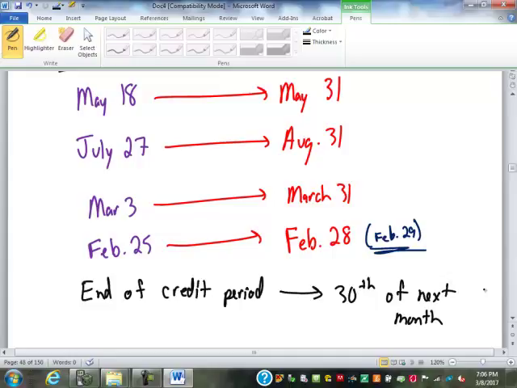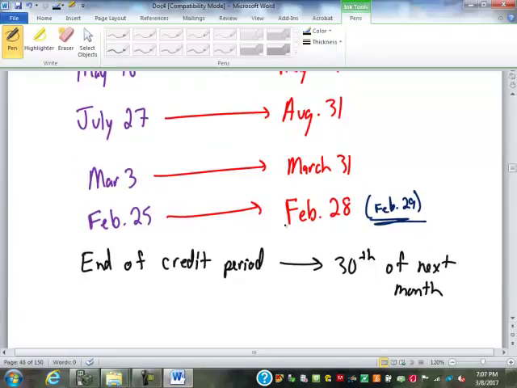For the ones processed in January with an effective date of January 31st, is the end of the credit period February 28th, or is it March 2nd? Again, that depends on the company. For this class, we're going to avoid the month of February. So typically it's the 30th of the next month, not 30 days after your transaction.